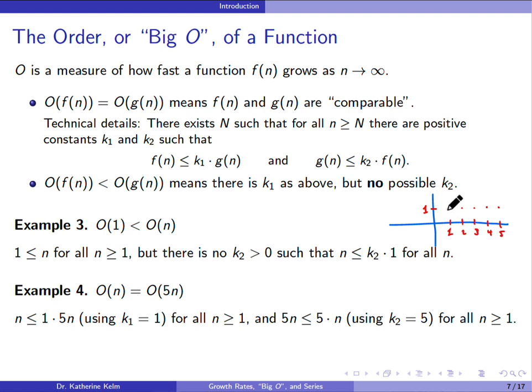So the function 1 is constant, whereas the function n keeps growing. There is no way that we can get n to be less than or equal to a constant times 1 for all n. So big O of n is bigger than big O of 1.